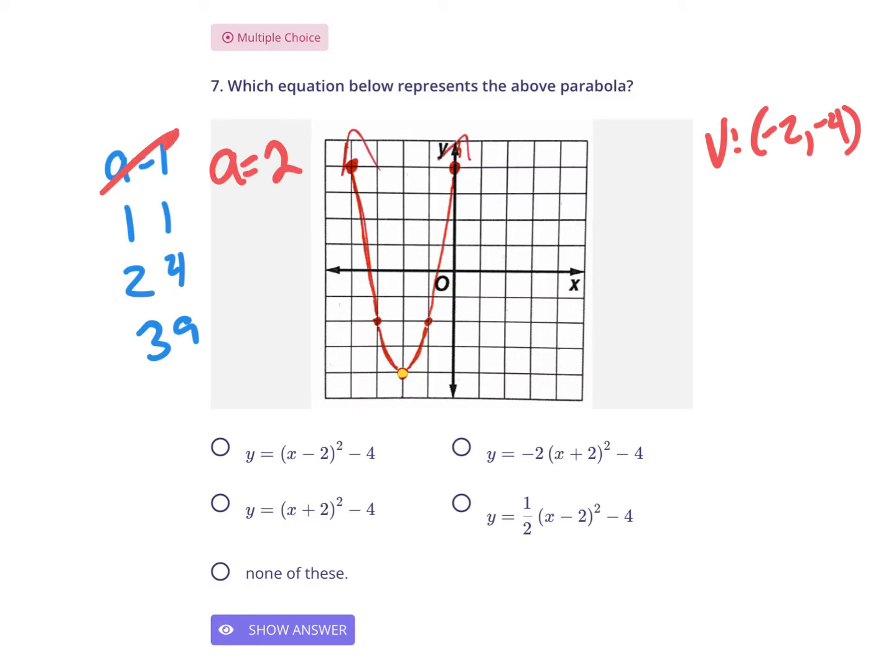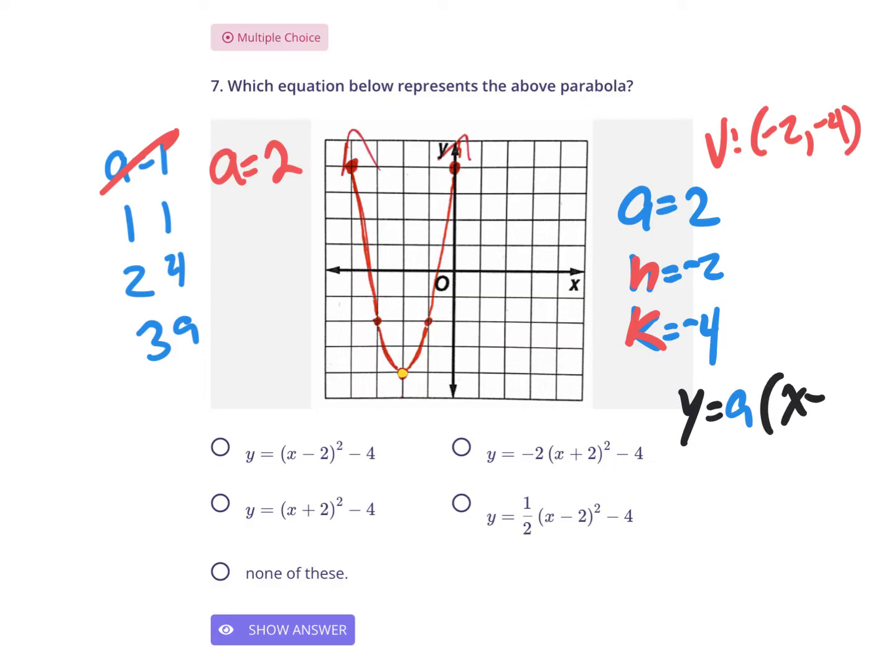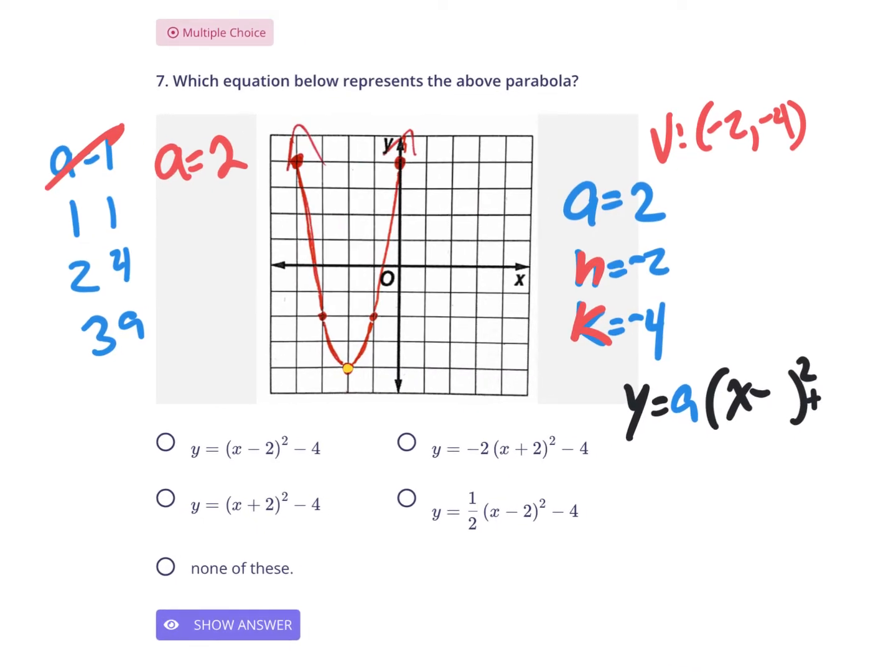So now that we know our a value, which is 2, our h, which is -2, and our k, which is -4, we could write our equation in vertex form. You could write it out, y equals a parentheses x minus h squared plus k, and then rewrite it with blank spots, y equals blank spot x minus blank spot squared plus blank spot.